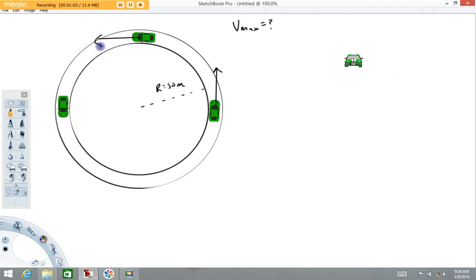At another instant in time, the velocity vector might look something like this. I'm trying to draw these vectors roughly the same length because I'm imagining a constant speed example. So this v is the same here, and the same here. The v, the speed, is the same, but the velocity vector of the car is changing in direction. So this car is constantly accelerating.